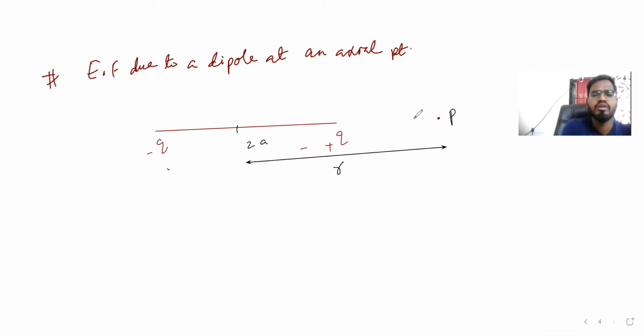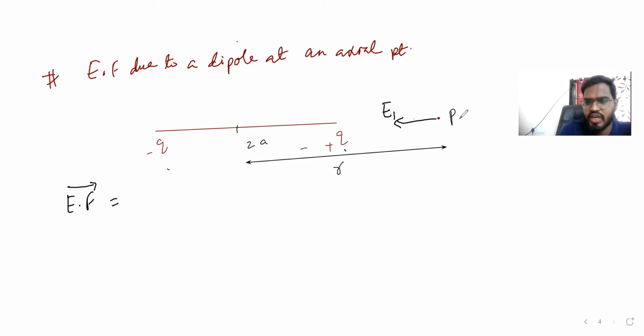So let's see now. Electric field is equal to kq by r squared. First, electric field due to the negative charge is going to be in this direction, because it is a negative charge.